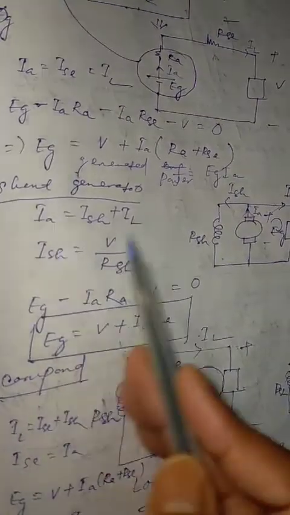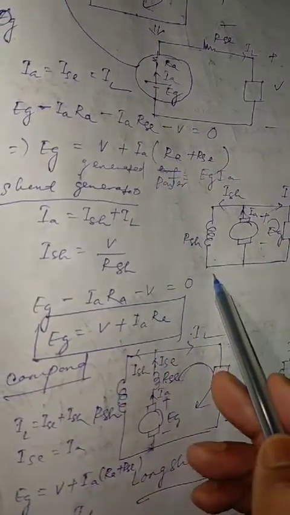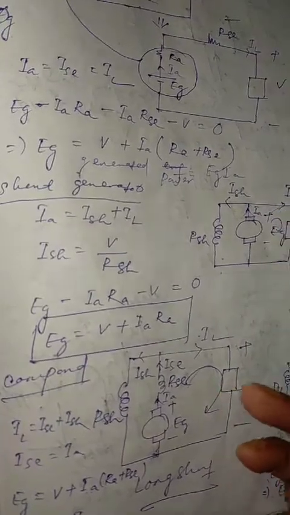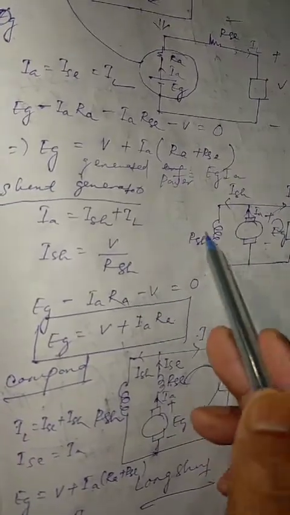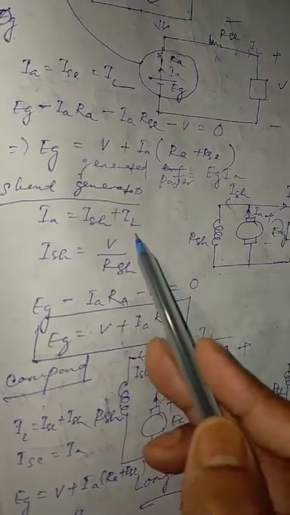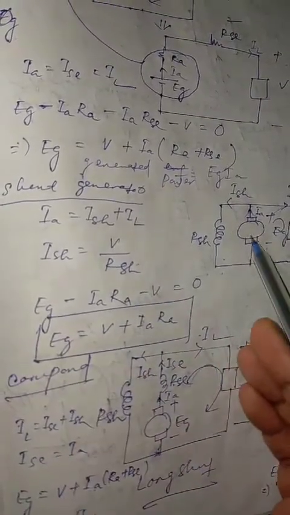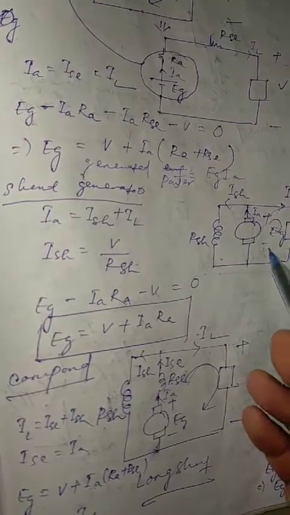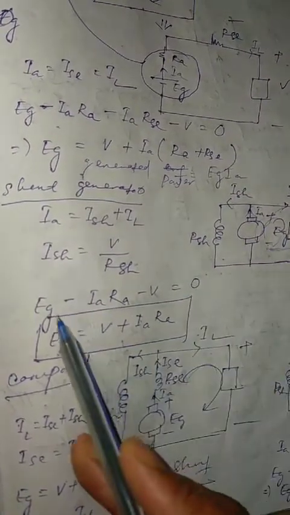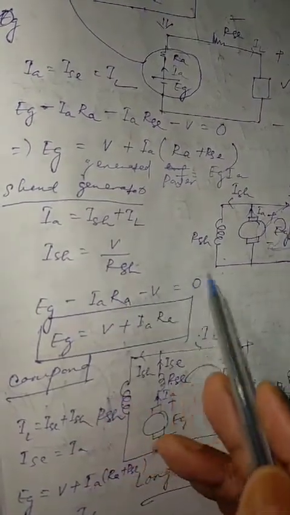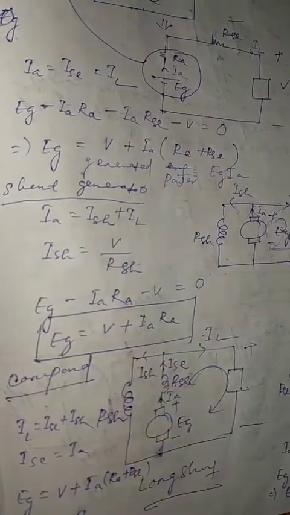Very simple. Suppose V is given and I want to find ISH. All are in parallel, so V by RSH equals ISH. Next, again applying KVL in this path, EG minus IARA minus V equals 0. So EG equals V plus IARA.